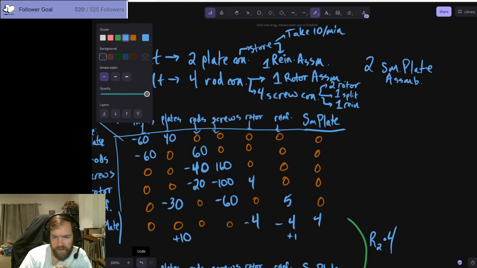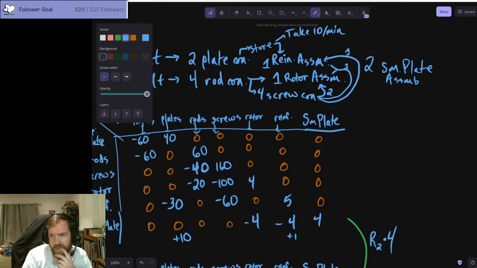I shouldn't do that. Hang on. Right. 2 go to the rotor assembly. 1 splits in between. And then 1 exclusively goes to reinforced. This is not confusing at all. It's fine.